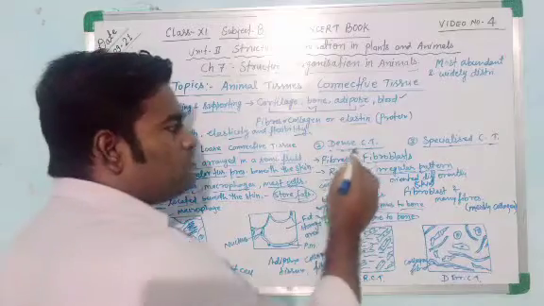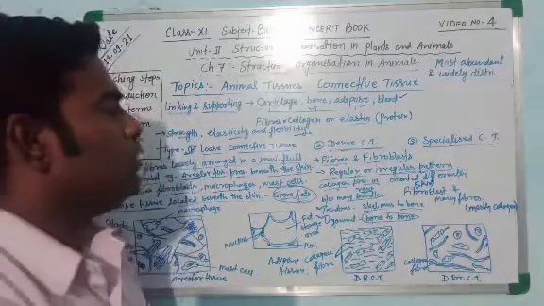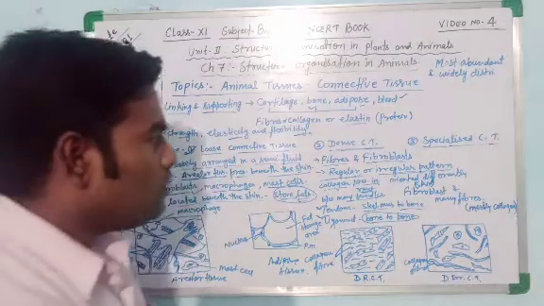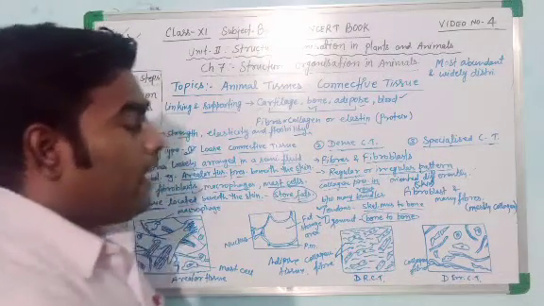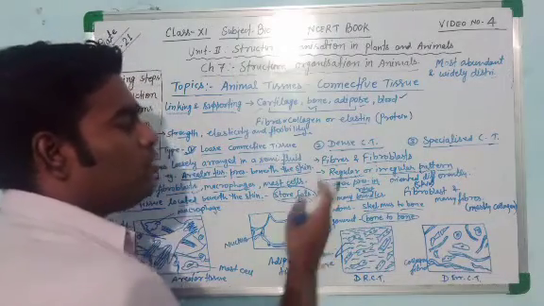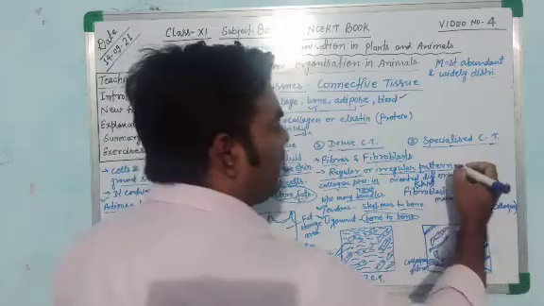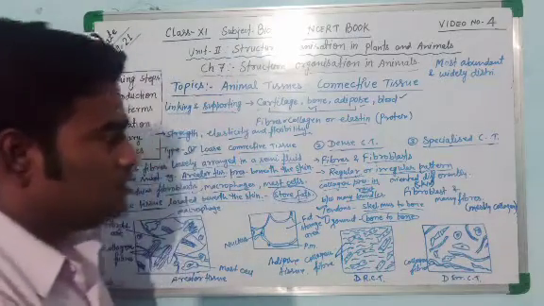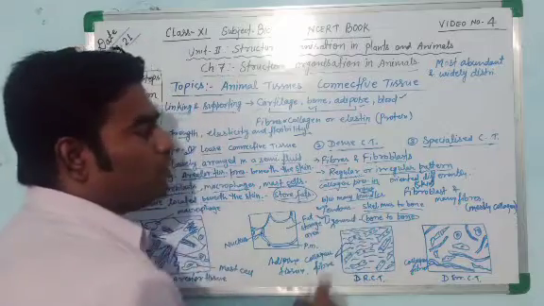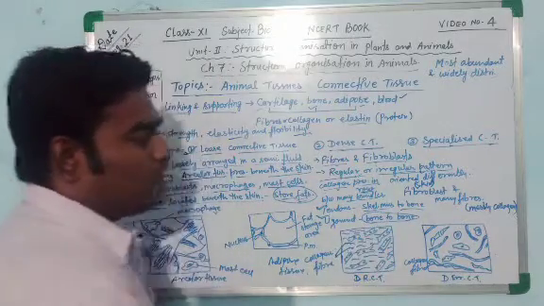Dense connective tissues are composed of fibers and fibroblasts, and their fibers and fibroblasts may be in a regular or irregular pattern. Hence they are called dense regular connective tissue or dense irregular connective tissue.